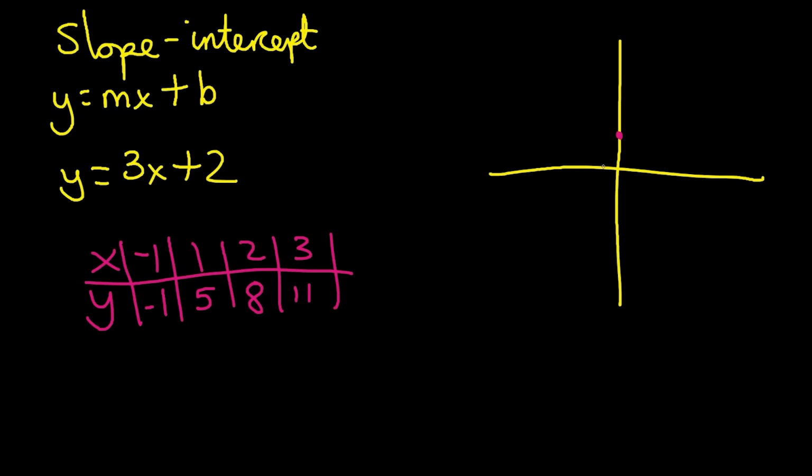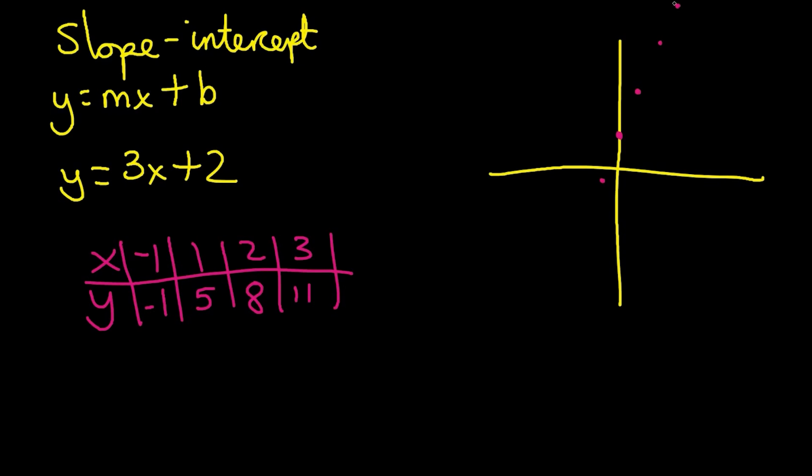When x is -1, y is -1, so about here. When x is 1, y is 5, about here. When x is 2, y is 8, about here. And when x is 3, y is 11, we can see where this is going, somewhere up here.